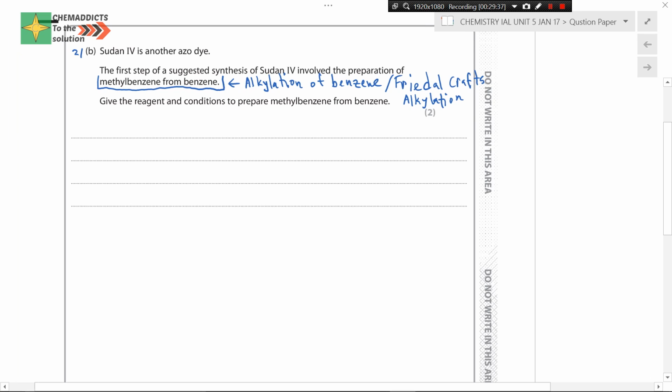So first of all, let us talk about the reagent. In the discussion we have covered that since we need to prepare methylbenzene, the reagent would be chloromethane.